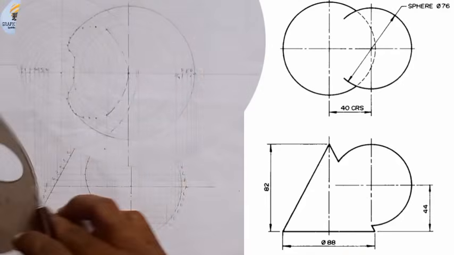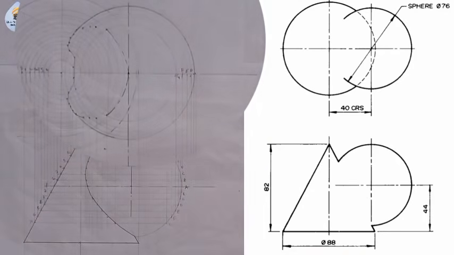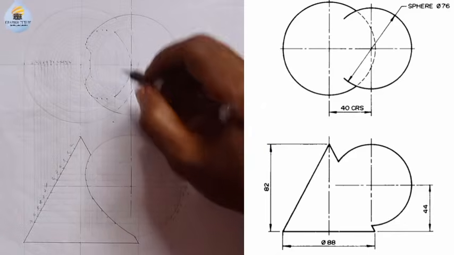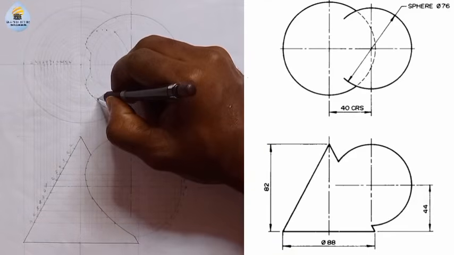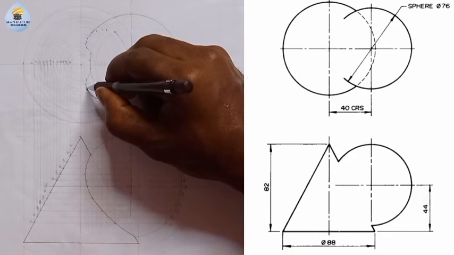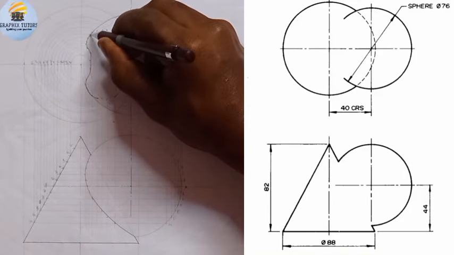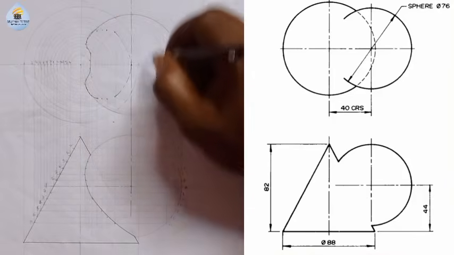So this is what we're having here. So we have successfully brought out the shape that we have here. So if this should be taken, you take it out with your French curve, and the rest will be there.